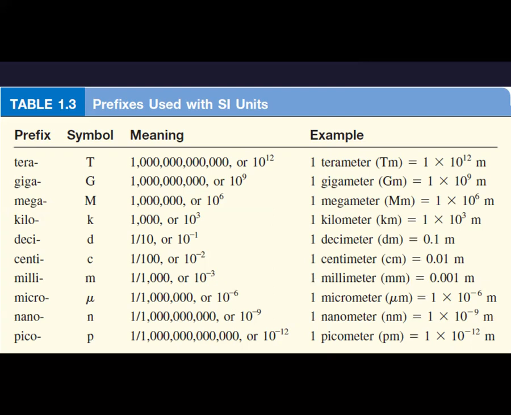Then we have giga for 10 raised to 9, mega 10 raised to 6, kilo 10 raised to 3. This is what we usually use in measuring, for example, rice or commodities, that is kilogram, for mass. For distance, kilometer, that means 1,000.